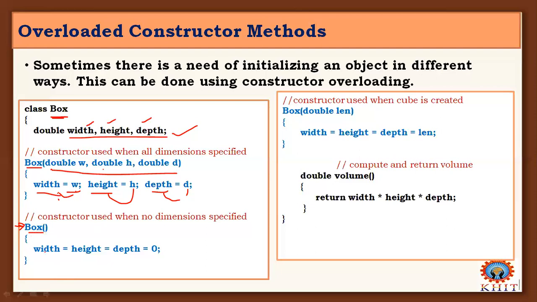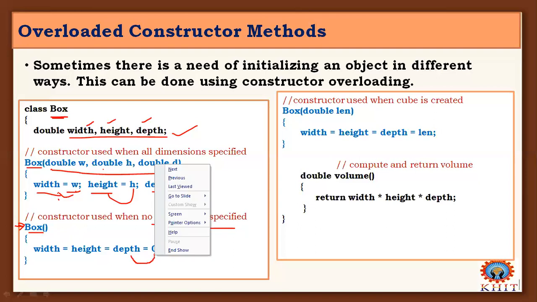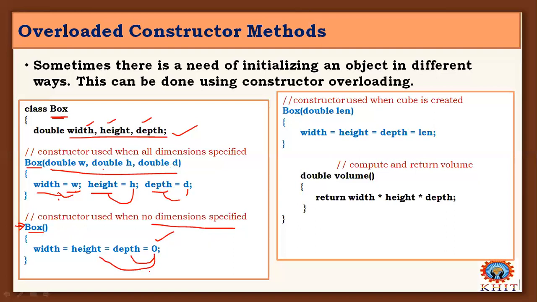So when we define an object and call this default constructor, with no dimension specified for a box and no parameters passed, then 0 is automatically initialized to all the instance variables of this class.